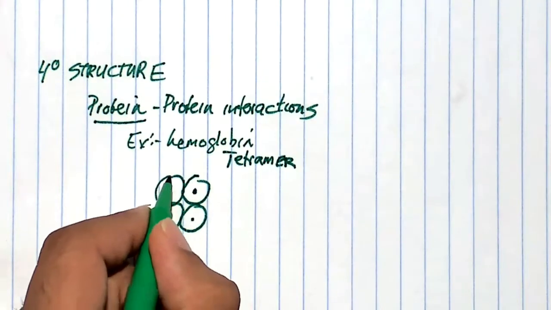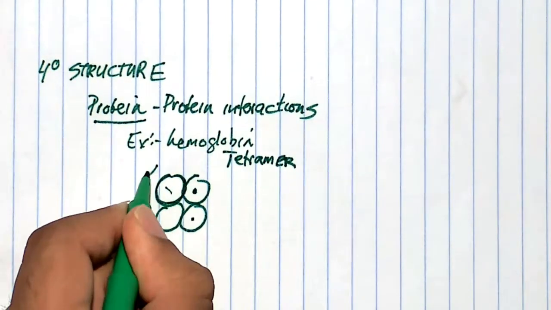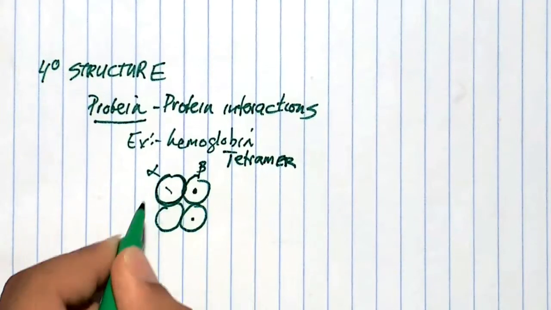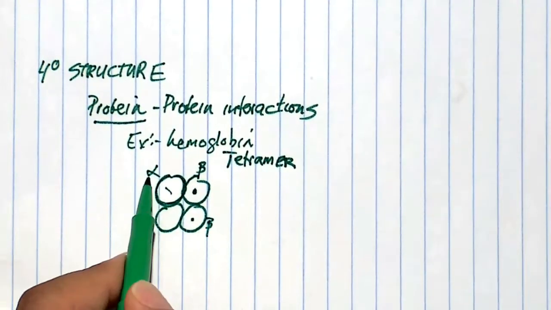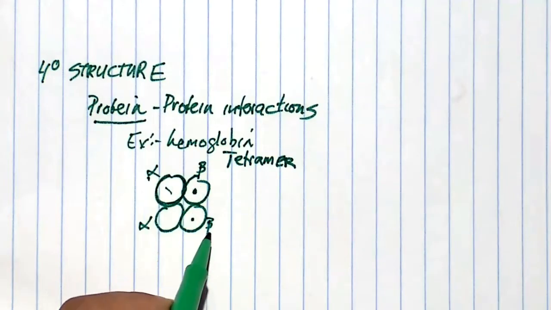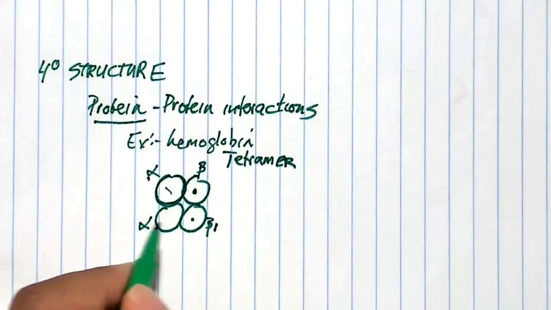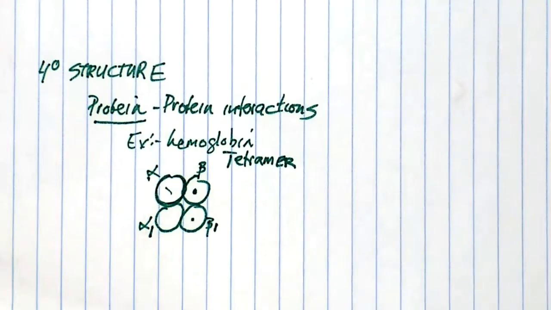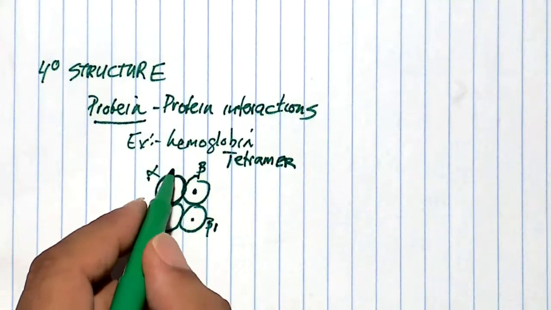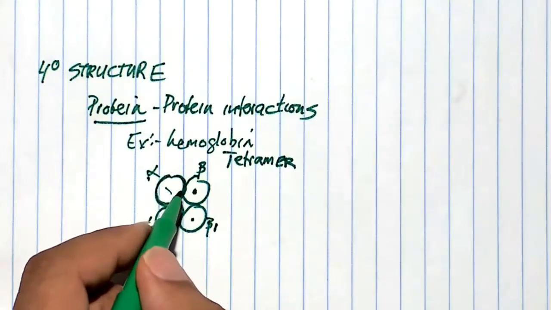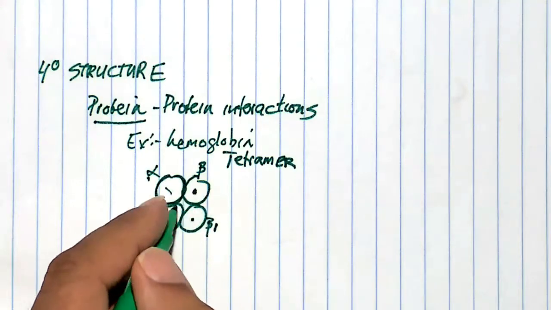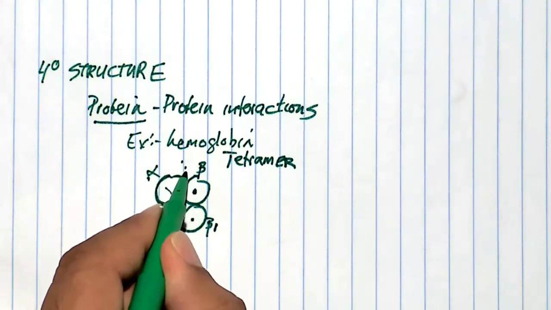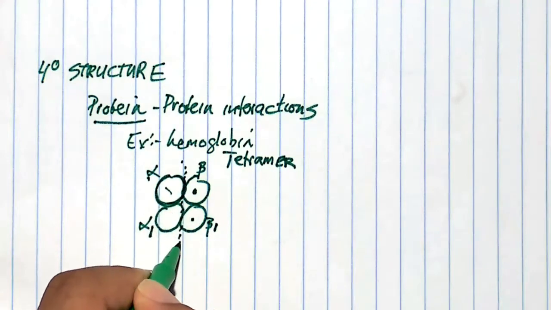So this subunit, we'll call it alpha, we'll call this one beta, we'll call this one alpha, we'll just call this one beta. We'll just call this beta 1, alpha 1, that's just arbitrary for now. But the alpha subunit, this independent folded protein, interacts with this independent beta subunit, that protein, usually through non-covalent interactions.